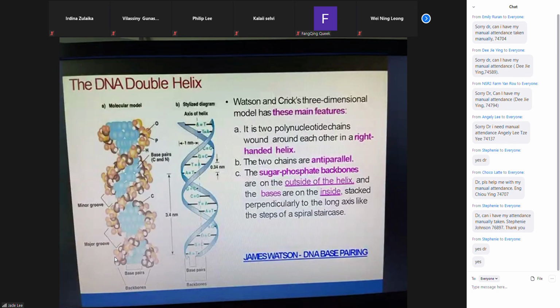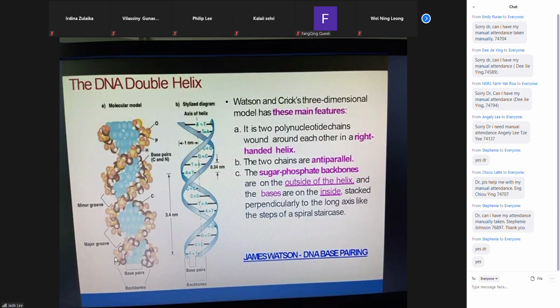You can get a red pen and a blue pen, tie them together, and try to draw the double helix. One is running from 5' to 3', another one is running from 3' to 5', and you can see that here.